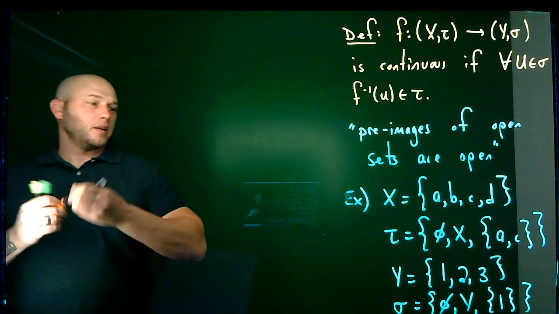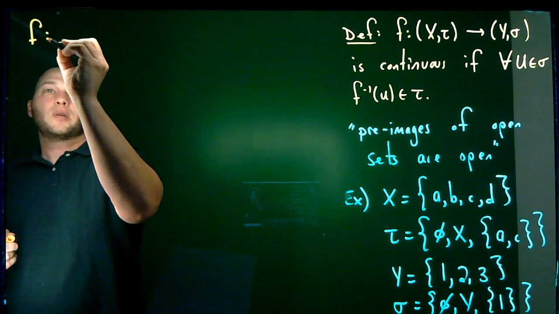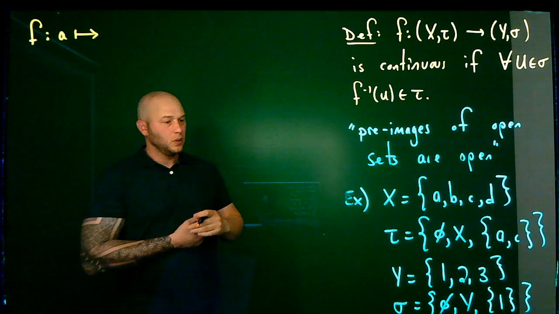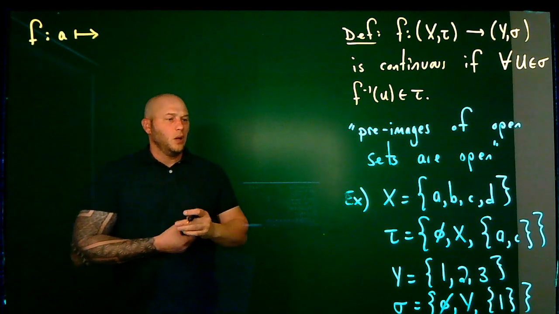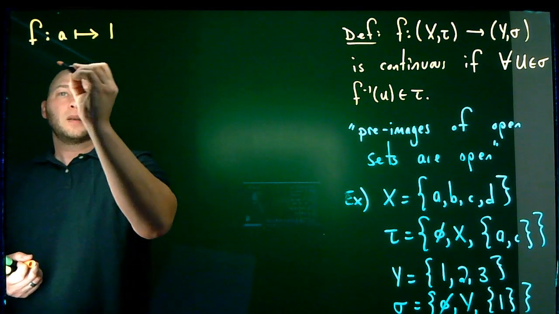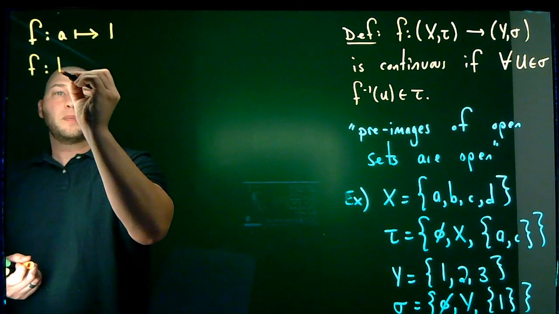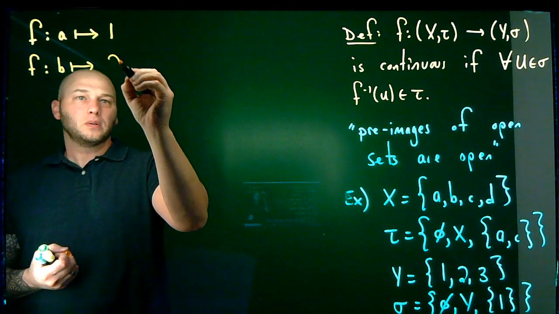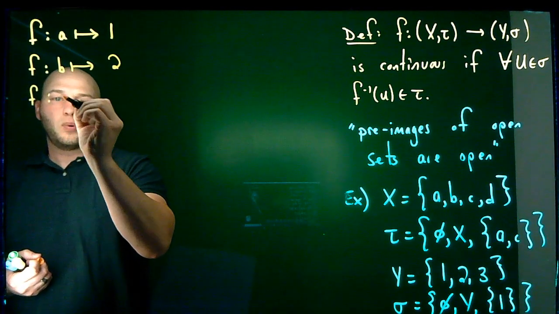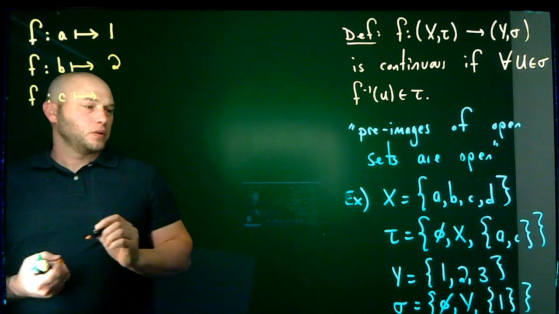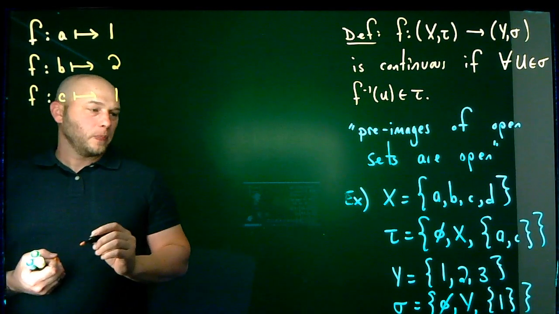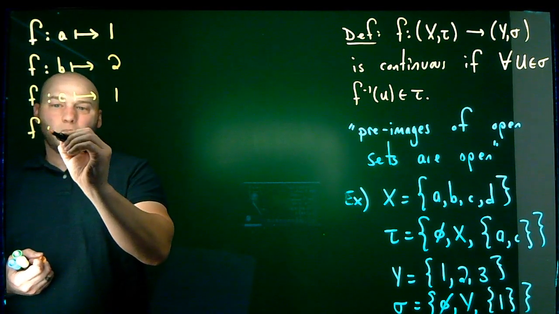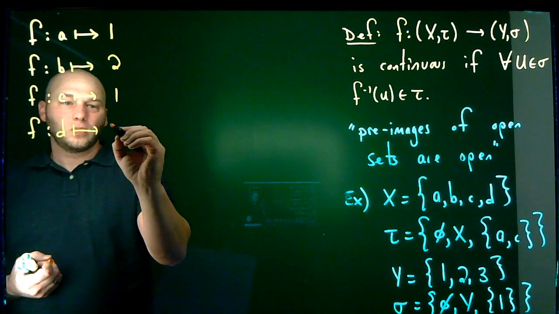Let's say that f takes the point A to 1, f takes the point B to 2, f takes the point C to 1, and then let's say f takes the point D to 3.